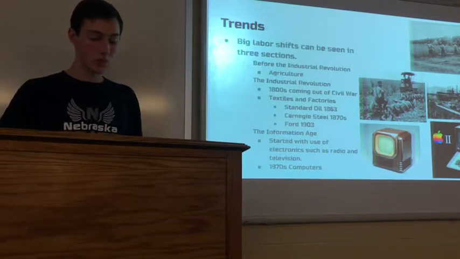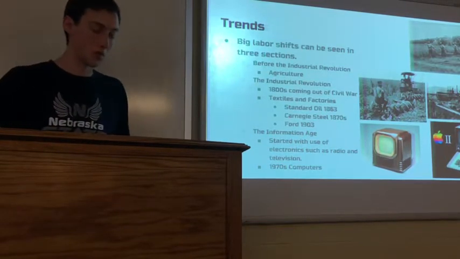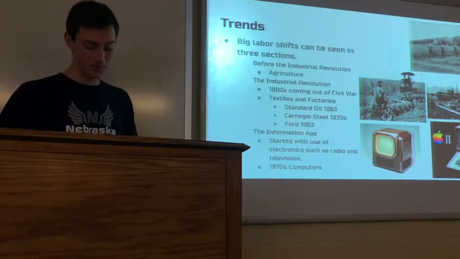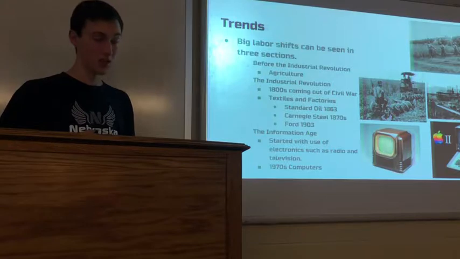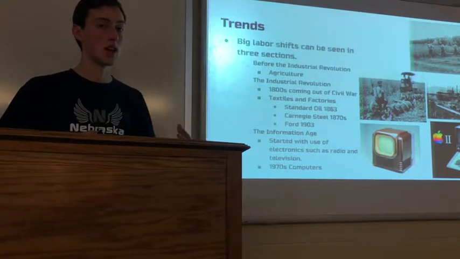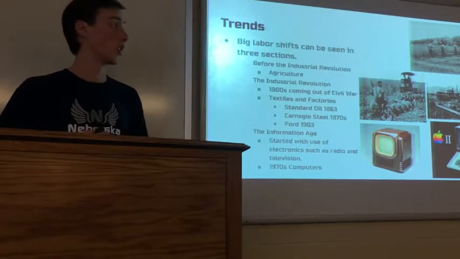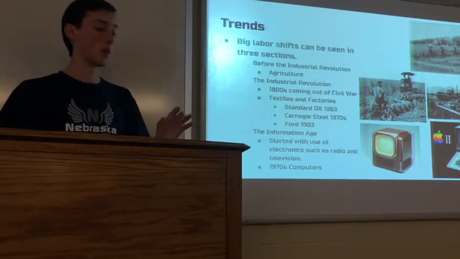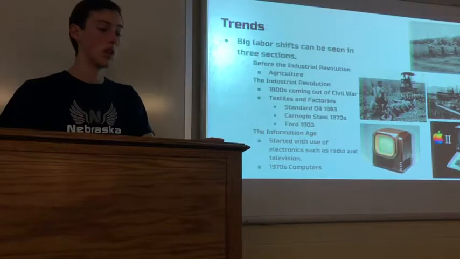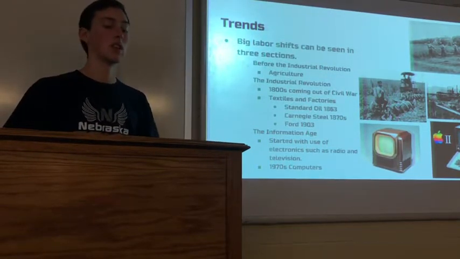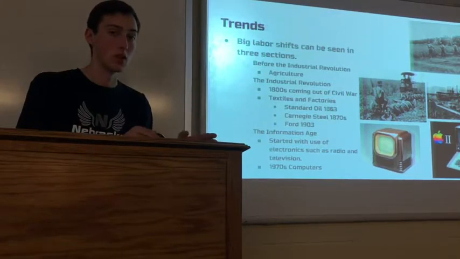Okay. Once you get past the kind of boring information in the beginning, the book starts talking about trends. Looking through it, I found kind of 3 sections of time in which you can basically divide the change in labor for us. Before the Industrial Revolution, as far as you can think, agriculture was the basis for all economies.